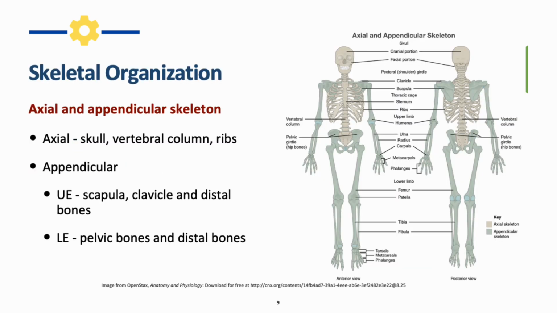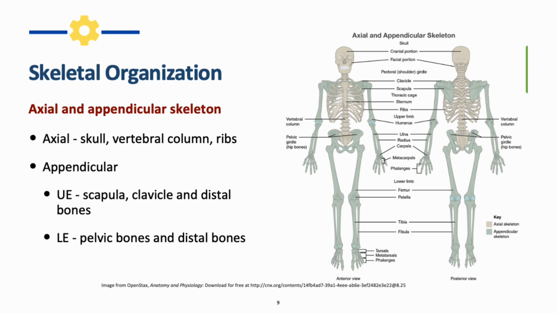So now that we have an idea of the different functions of bone as it pertains to human movement, let's take a quick review of the organization and structure of the skeleton. Obviously, these are terms you've probably used before, but the skeleton is broken into two main parts: the axial skeleton, which includes the skull, the vertebral column, and the ribs.